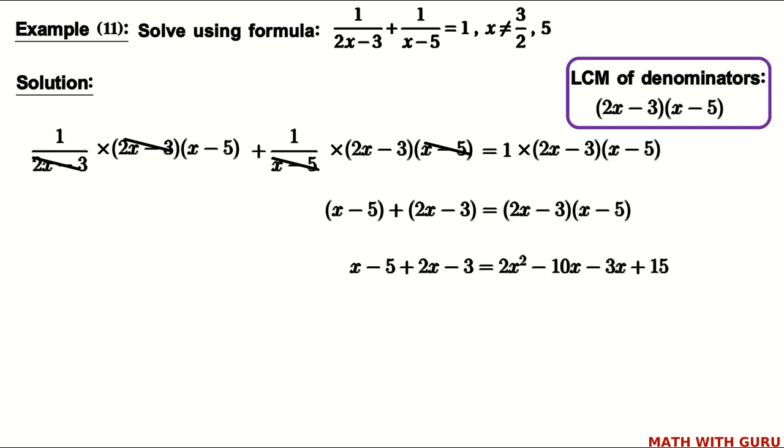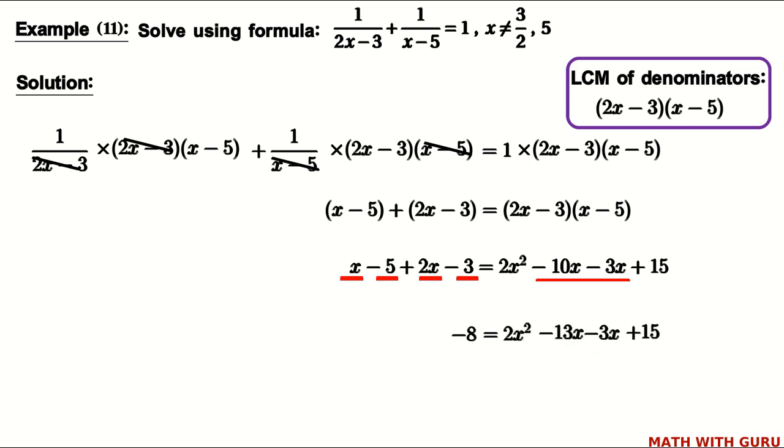Let us open the brackets. Now x plus 2x, these are the like terms. Adding them up, we get 3x. Minus 5 minus 3 is minus 8 equals 2x squared minus 10x minus 3x. They are also like terms. Their algebraic sum is minus 13x plus 15. Let us bring 3x minus 8 to the right hand side like this.